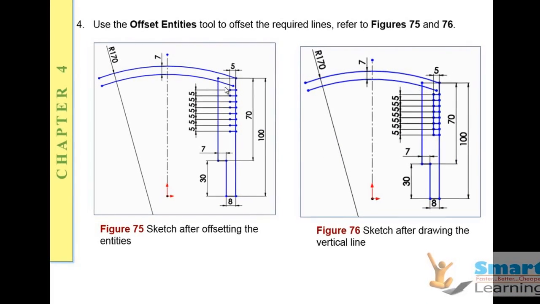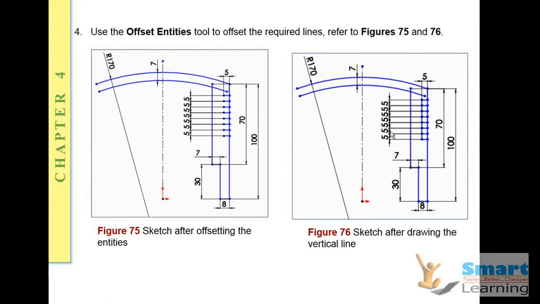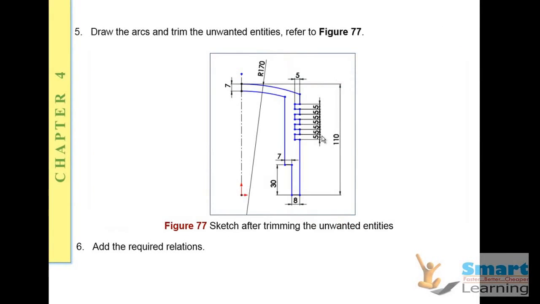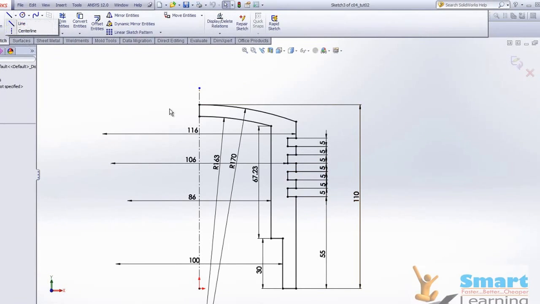Then you trim all the extra portion, and then you can create one slot and pattern it, or you can create this 5 by 5 option, and you can do it manually also. After that you will be done with this, and finally you trim and prepare the final output. This can be done in different other ways which I can quickly show you.